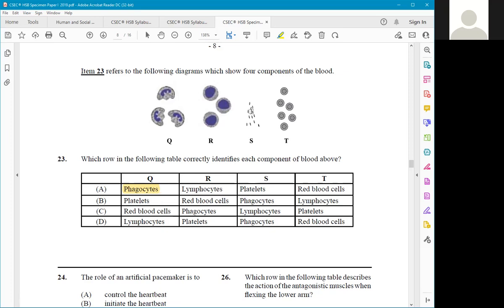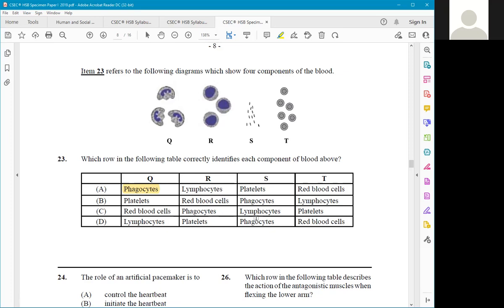S could never be phagocytes, so you strike that out. B is out completely. Where they have phagocytes again, C is a maybe. And then D has phagocytes here. So you know D and B are out. Your answer has to be A.